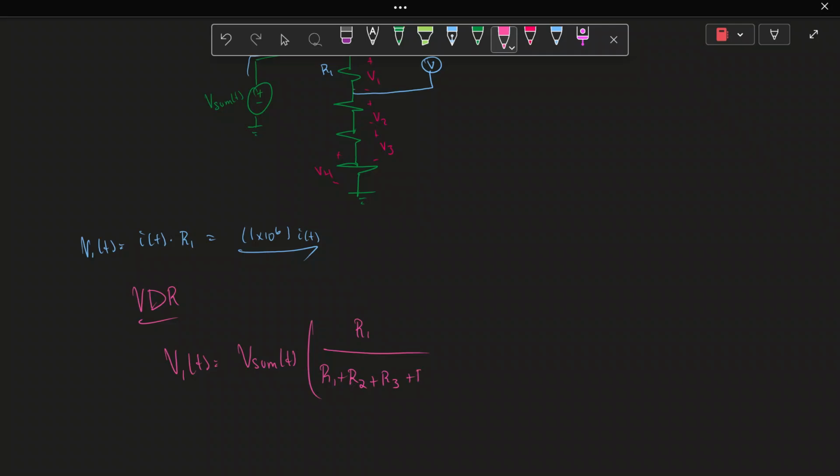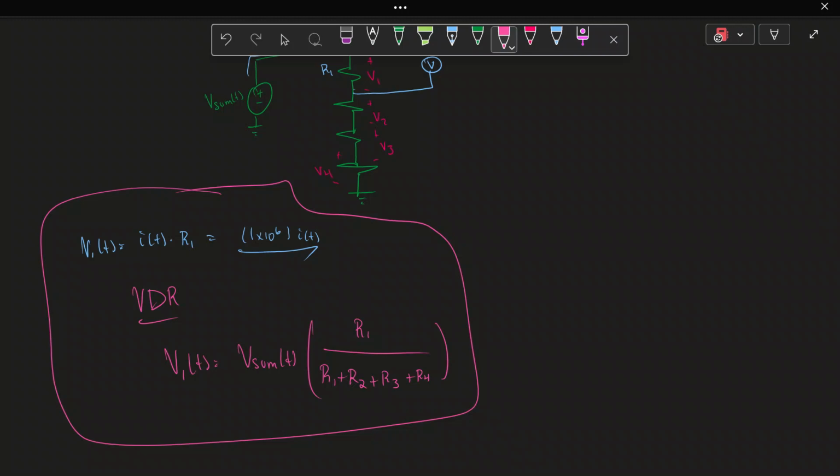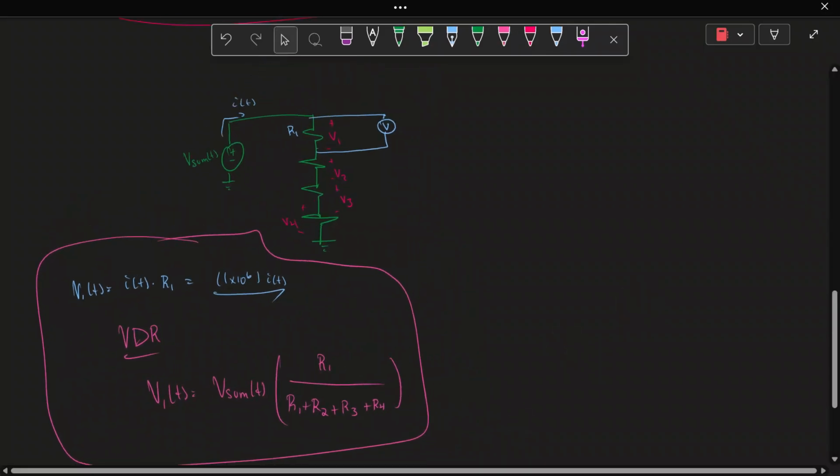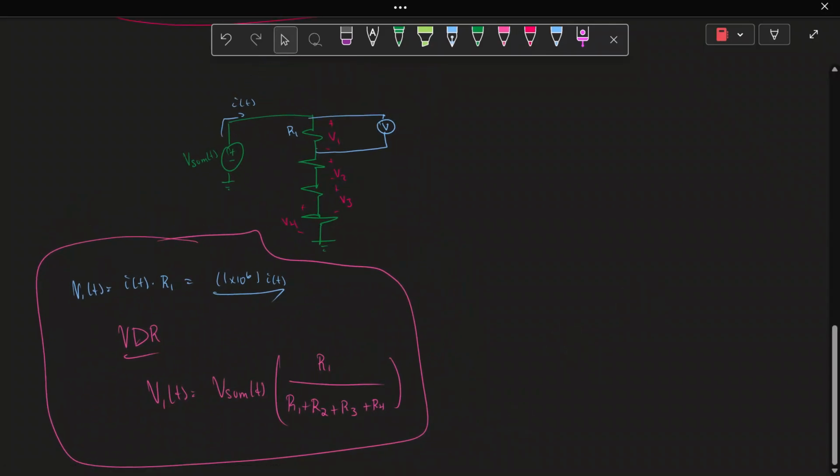Of course, this is just the voltage divider rule. Either way will get you the same answer. They should be correct. If you know the current through a resistor, you can find the voltage across it. If you know the sum of the voltages across each resistor, you can find the voltage across a single resistor.